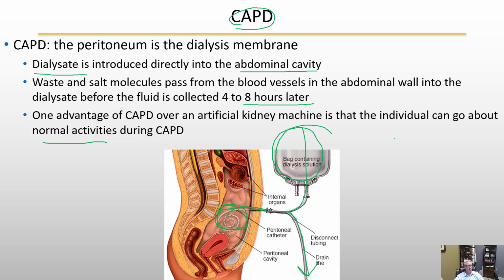So your activities of daily living, your normal activities, aren't going to be disrupted by peritoneal dialysis. And the good thing about all of these is that, let's say you want to go on vacation. Typically, there's going to be a hemodialysis facility within 30 miles of your vacation spot. So we can always accommodate patients that are traveling. Or, let's say you're going overseas and you're a peritoneal dialysis patient.